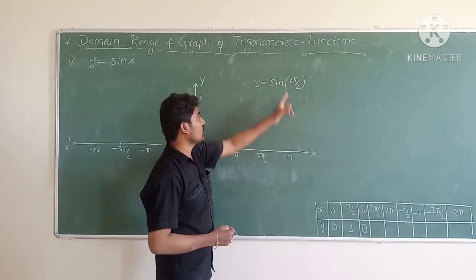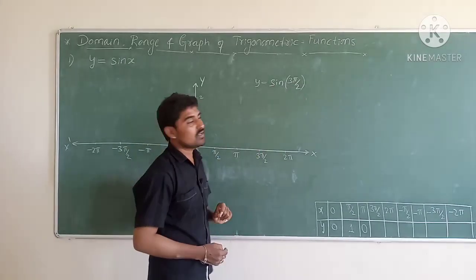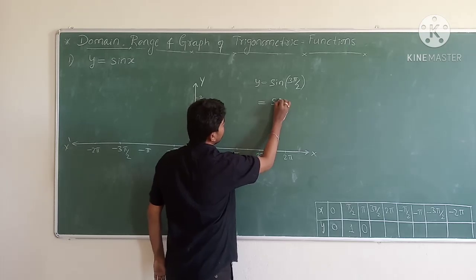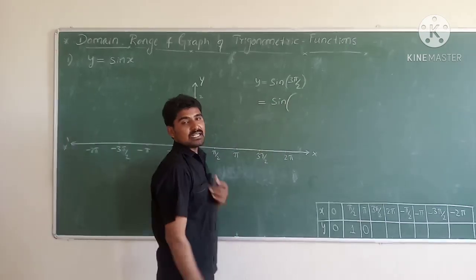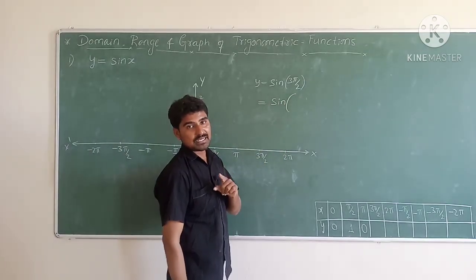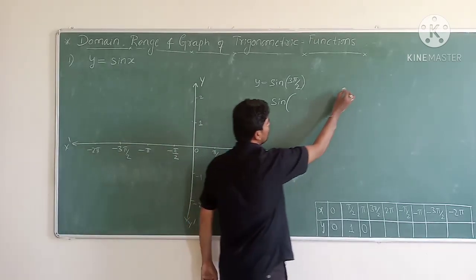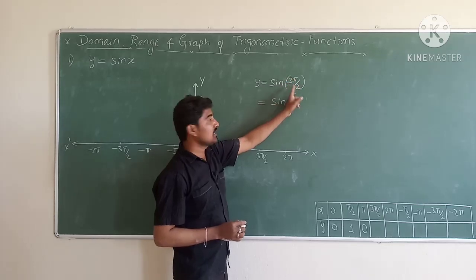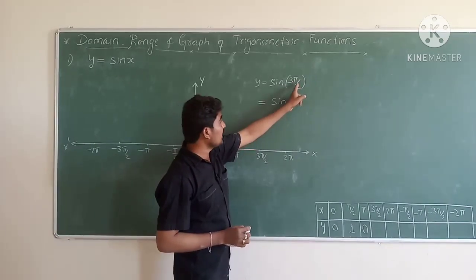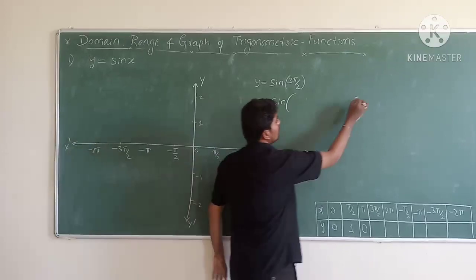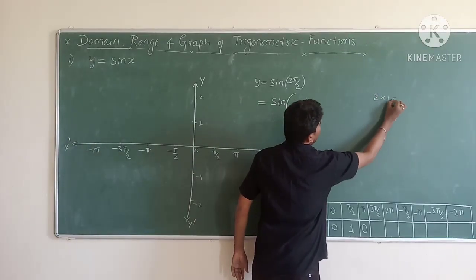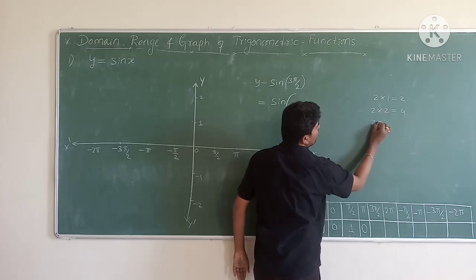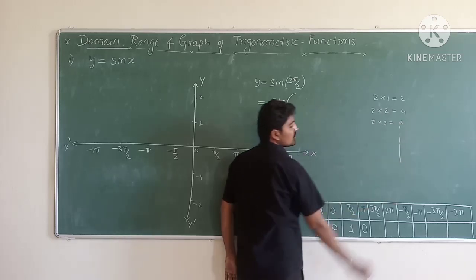Here the numerator is 3 and the denominator is 2. What are the multiples of 2? 2 ones are 2, 2 twos are 4, 2 threes are 6, and so on.